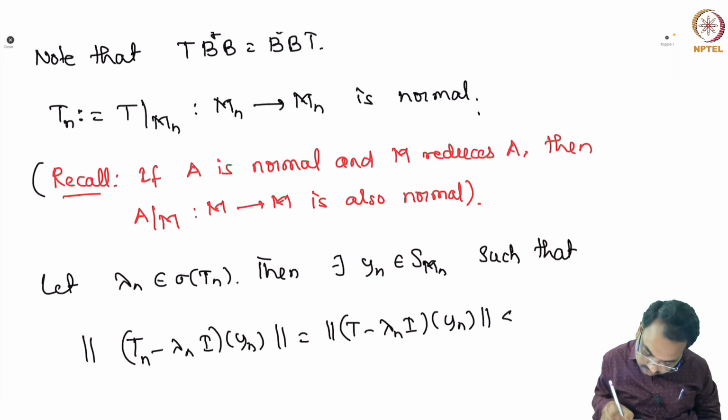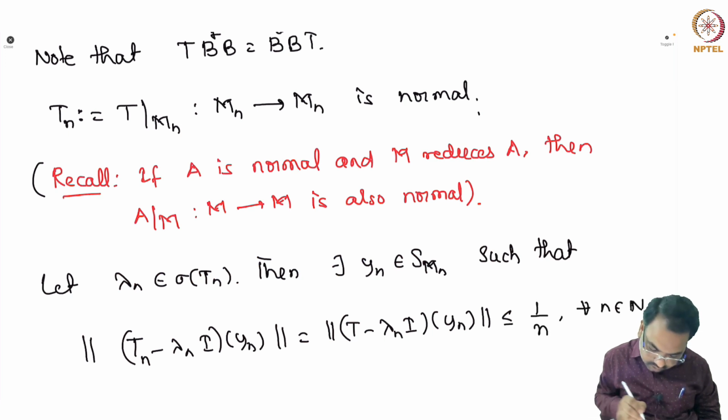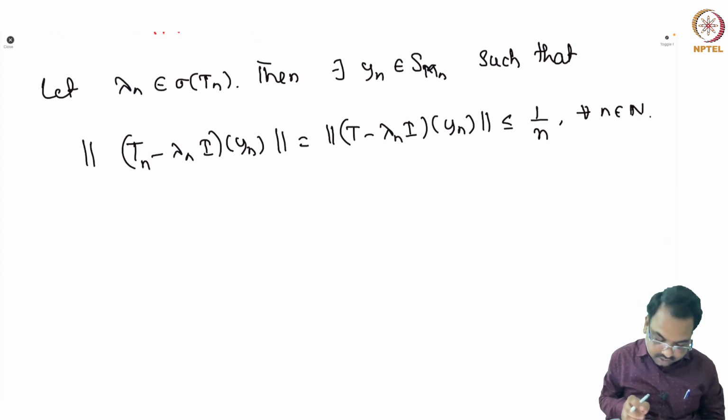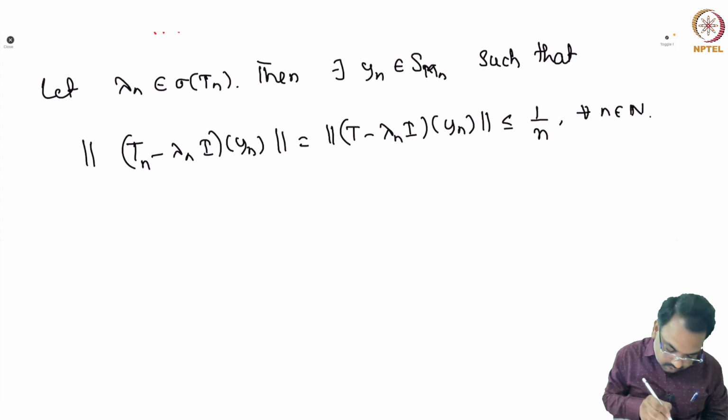So we can make this less than 1 by n for every n in N, because lambda_n is in the approximate point spectrum, we can get this.